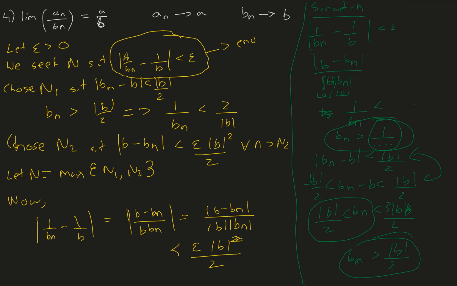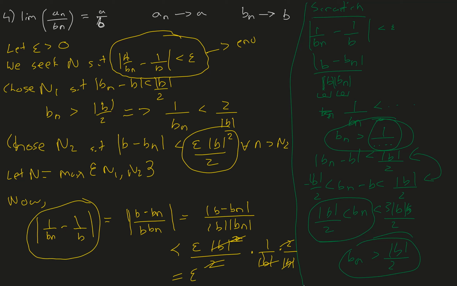This is from here, dot 1 over modulus of b dot 2 over modulus of b, and all this cancels out and we just get it as equal to epsilon. So we have shown that modulus of 1 over bn minus 1 over b is less than epsilon.